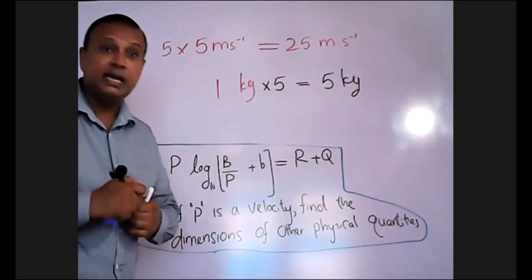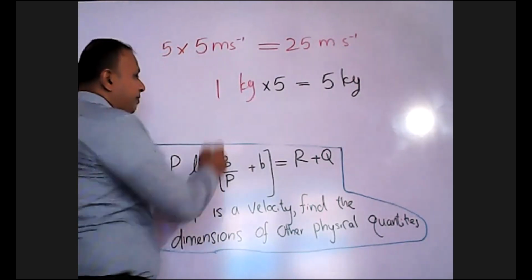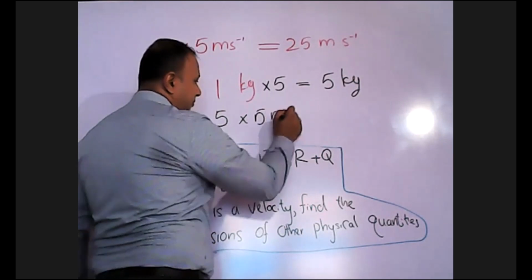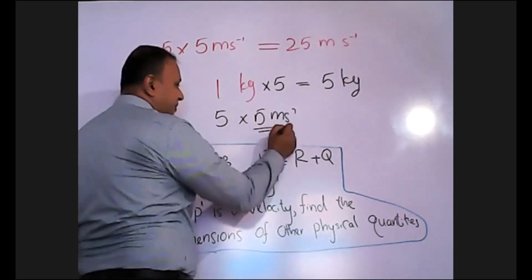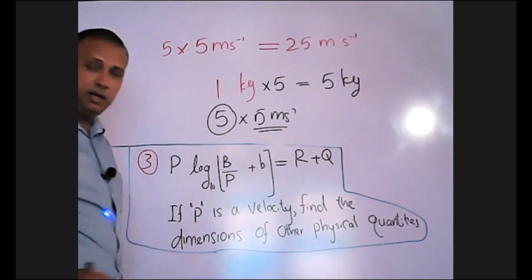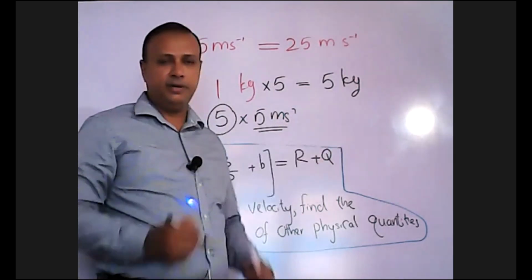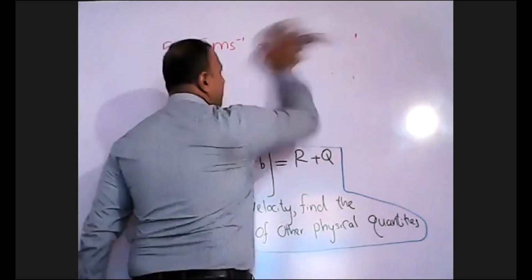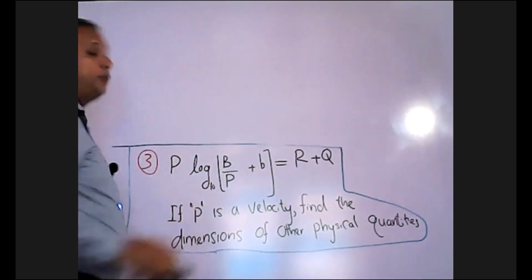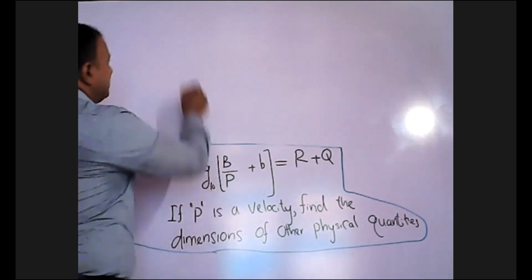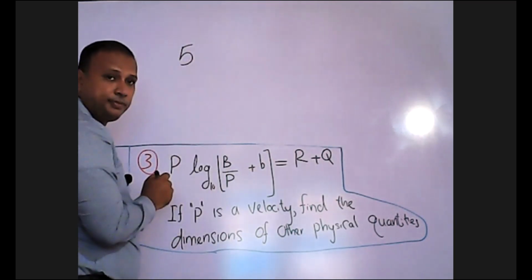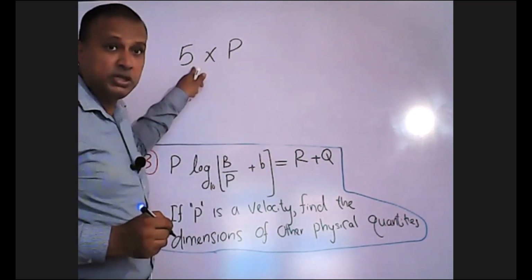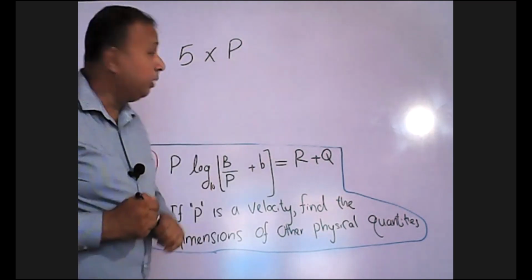Likewise, if I multiply any physical quantity by a number, this is just a number, we will have the same physical quantity. I can prove this using dimensional analysis. Suppose there's a number multiplied by a physical quantity.